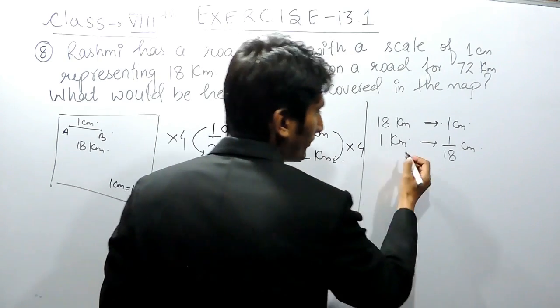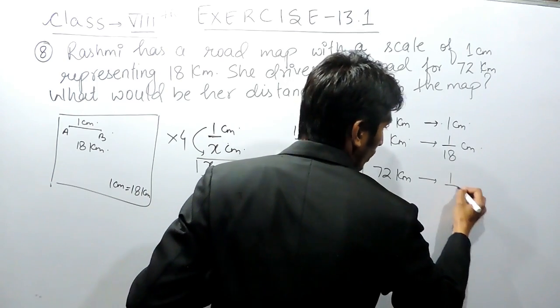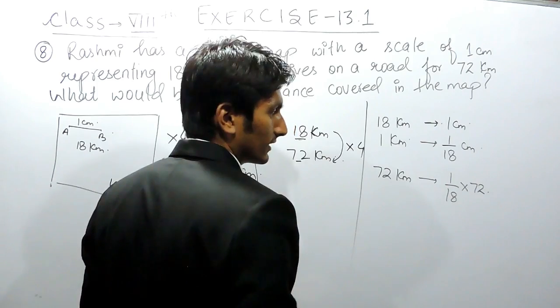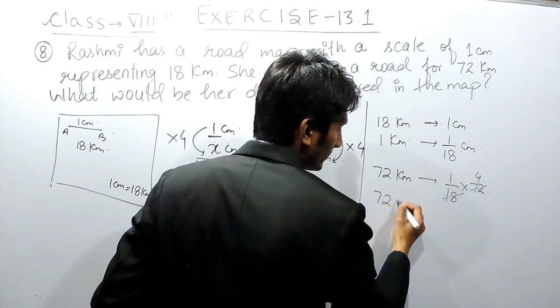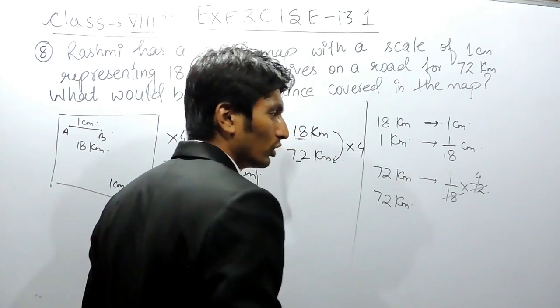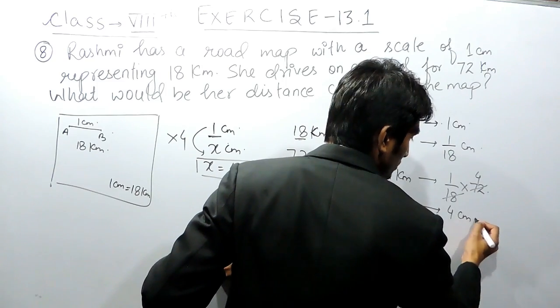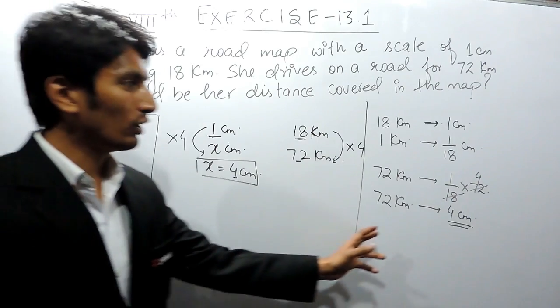So similarly you have to find if she is traveling 72 kilometers, on the map again it should be greater, so this can be cancelled 4 times. So we can say that on traveling 72 kilometers on actual ground, on the map she has to travel 4 centimeters. So this is another way of solving this.